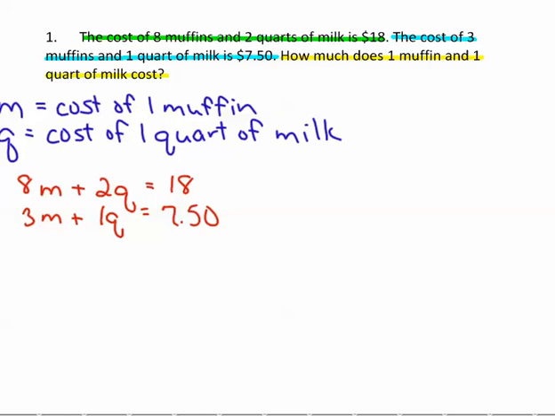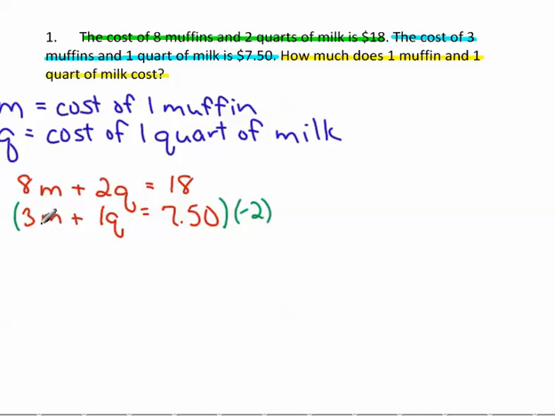So now that we've established the 2 equations, we can start looking for opposite coefficients either on M or on Q. Well, 8 and 3 are not opposites, and 2 and 1 are not opposites, so that means we're going to need to multiply one of our 2 equations. And I think I'm going to multiply the second equation by -2, because if I do that, I'm going to wind up with opposite coefficients on Q.